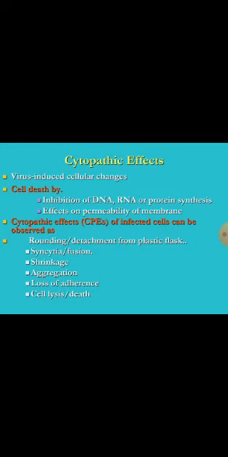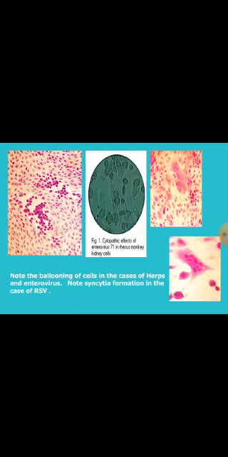These cytopathic effects may be rounding of the cells, aggregation of the cells, loss of adherence, cell lysis, or fusion of a number of cells to form giant cell or syncytia formation. Ballooning or rounding of the cells, or shrinkage of the cells, or syncytia formation.